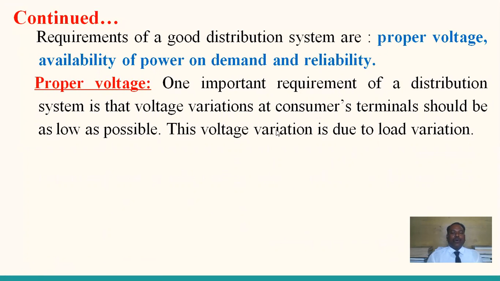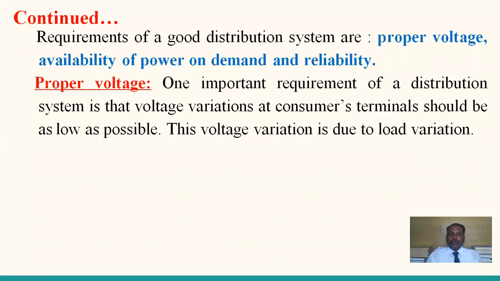So let us start from the first one, that is the proper voltage. One important requirement of a distribution system is that voltage variations at consumer terminals should be as low as possible. Why are the voltage variations taking place? Because of load variation. One consumer may turn on loads, another consumer may turn on loads. This process is continuously happening, resulting in the load continuously varying, and some voltage variations taking place at the consumer point.